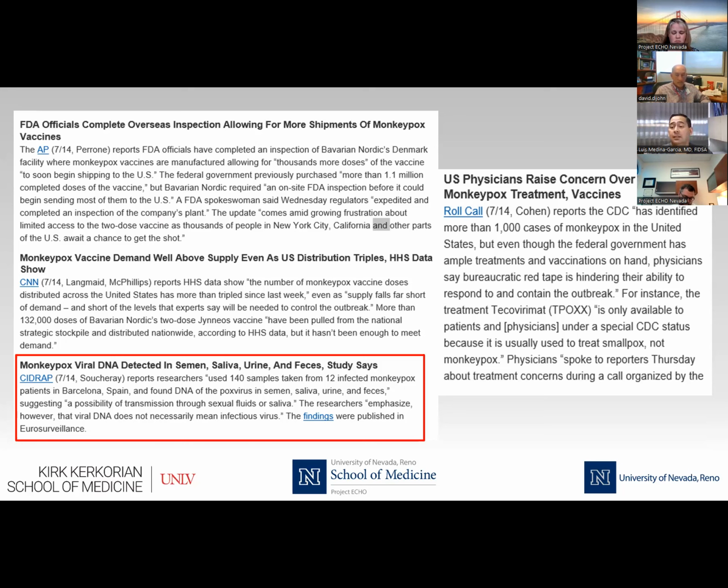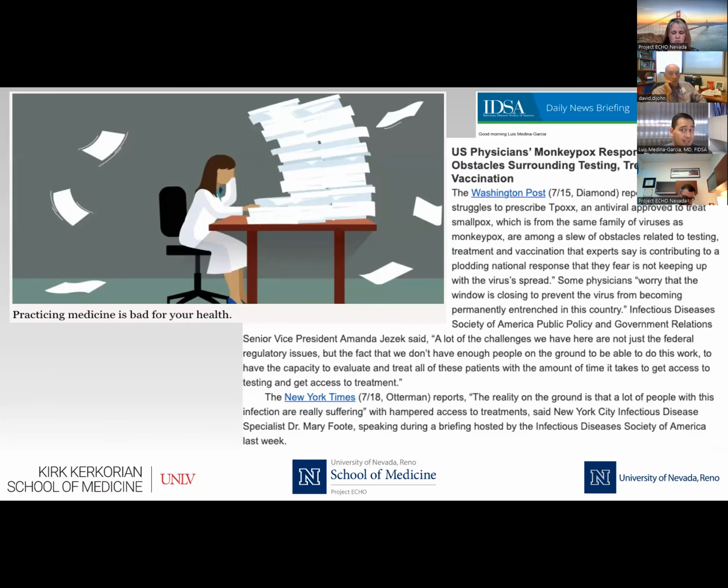Moving on to talk about the barriers of treatment and vaccines is the accessibility of these drugs. So TPOXX, again, is tecovirimat, the drug that we're trying to use to treat. You must confirm the diagnosis. You must request this from CDC through a specialized process that really has a lot of paperwork involved. So much so that sometimes it takes 3 days for the drug to reach the patient.